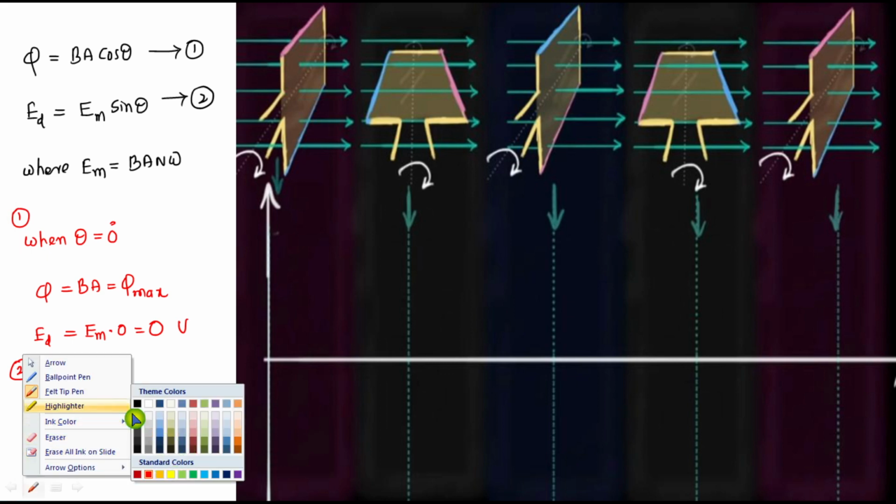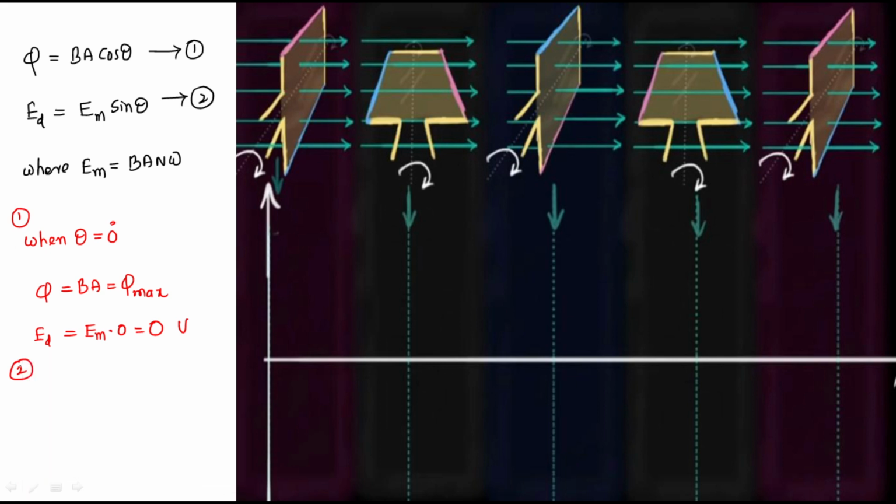When theta equals 90 degrees, phi equals BA into 0, which equals 0. The dynamically induced EMF equals E max.